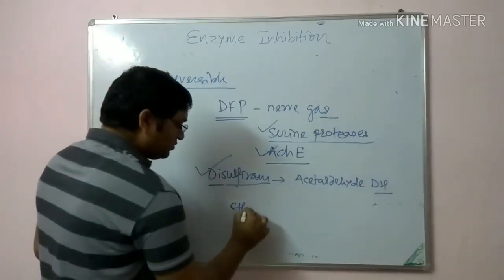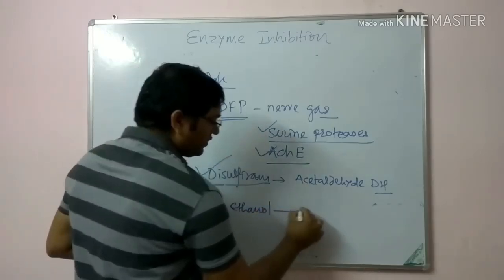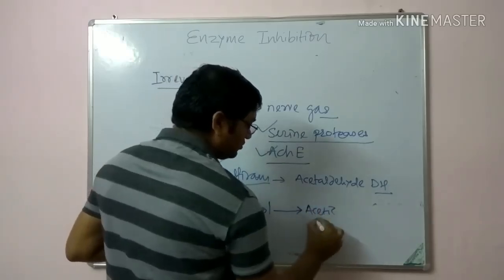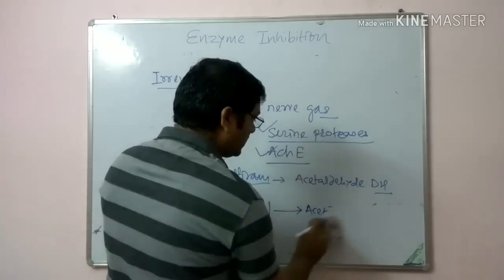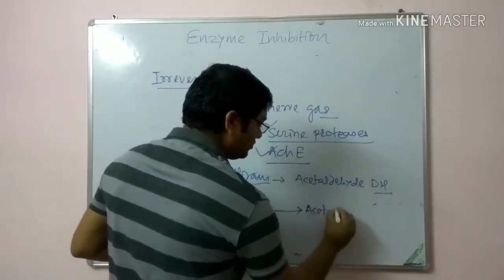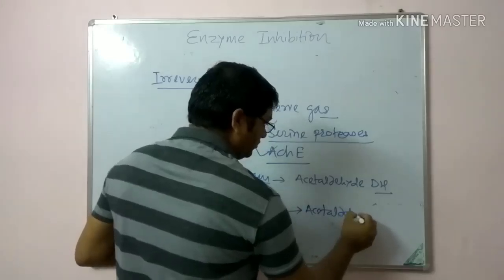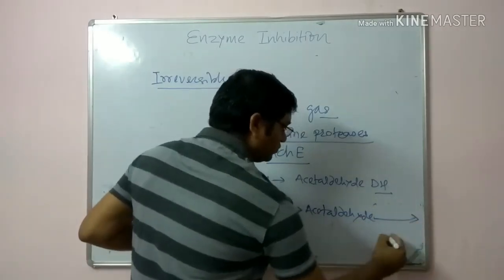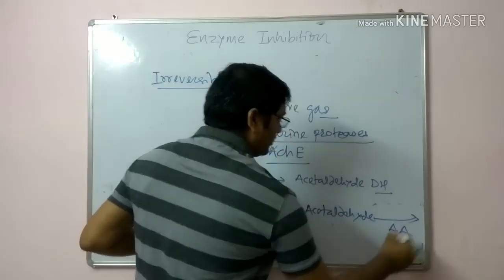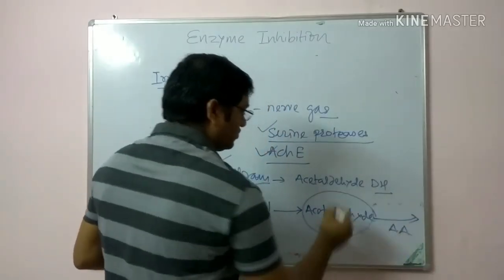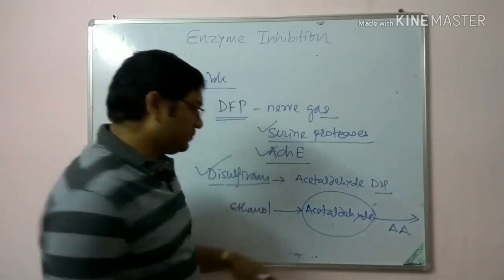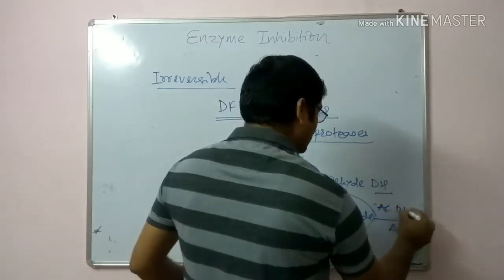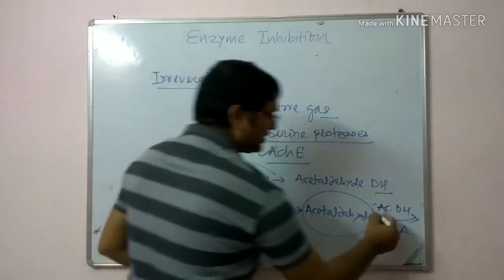Ethanol is converted into acetaldehyde, and this acetaldehyde cannot be converted into acetic acid. So all the toxic effects are due to the accumulation of acetaldehyde. Disulfiram inhibits this acetaldehyde dehydrogenase.